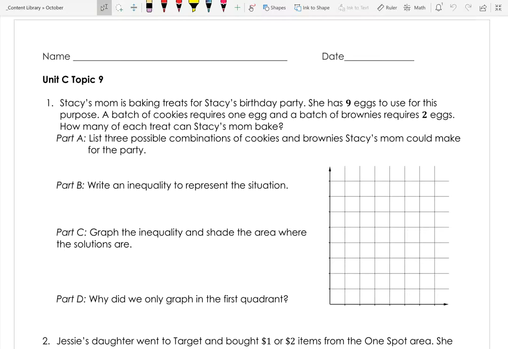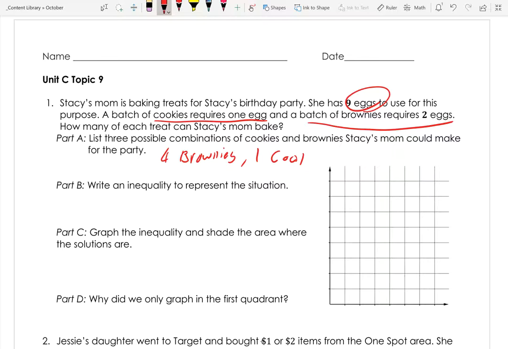So part A lists 3 possible combinations of cookies and brownies Stacy's mom could make for the party. So keep in mind there's 9 eggs in total, and cookies require 1 egg, brownies require 2 eggs. So a possibility is maybe she could make 4 brownies and 1 cookie.